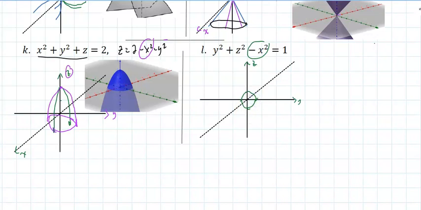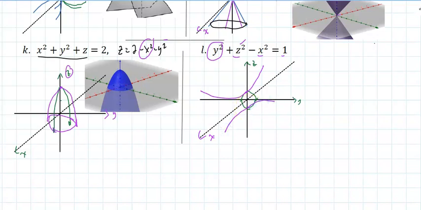Now, if I zero out the y, z squared minus x squared equals 1, that's a hyperbola in the z direction. It's going to come out, so you imagine the x and the z. It's coming out and coming down.